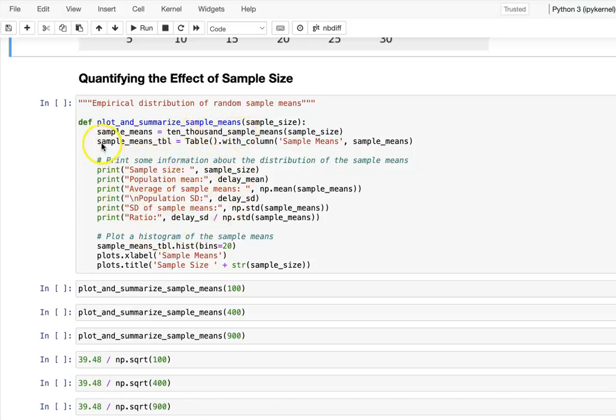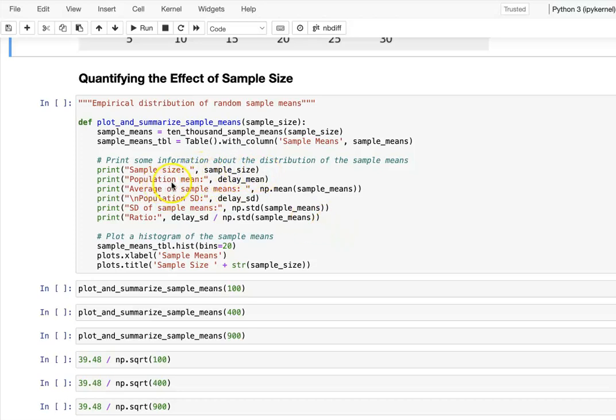information. You can see at the beginning, we still call our 10,000 sample means. You pass the sample size, so that's why we have our 10,000-value distribution. Then we put it in the table so we can plot that. But after we plot that, let's print out some information we can compare. The first one, sample size.